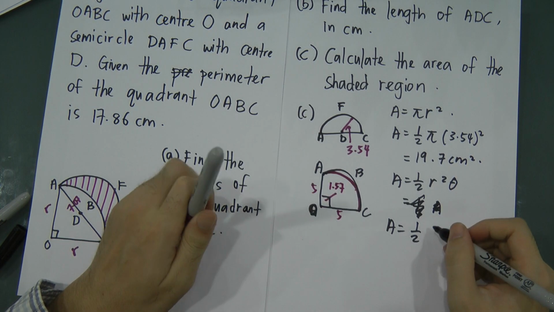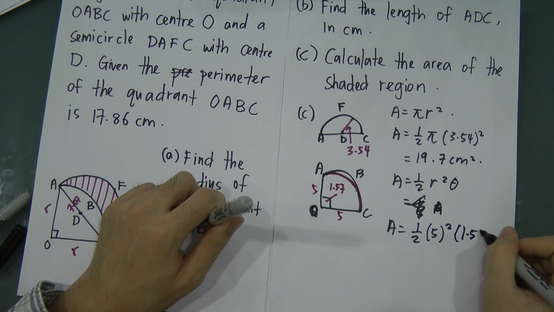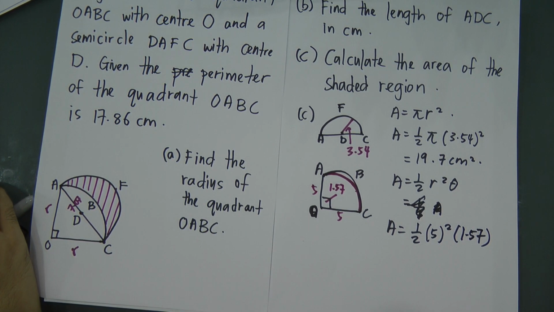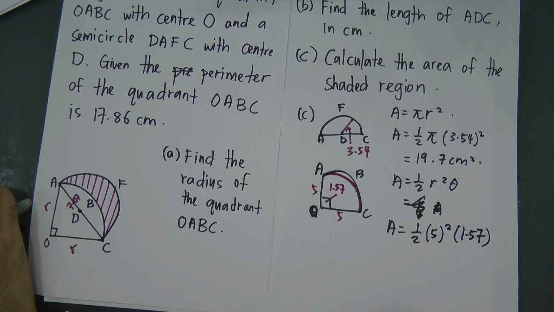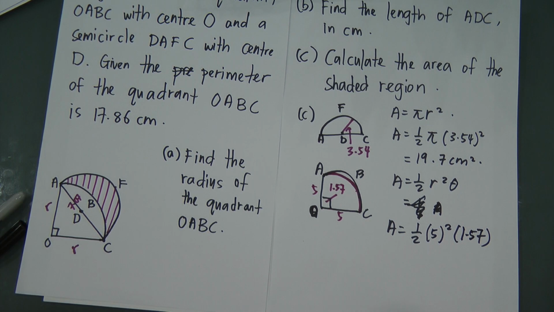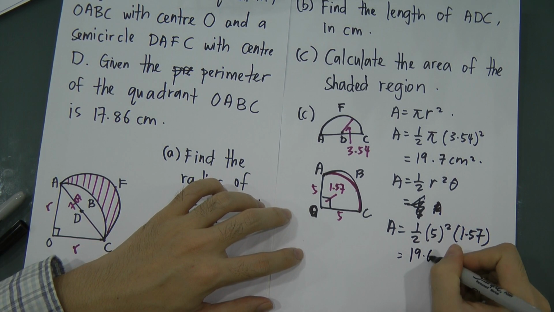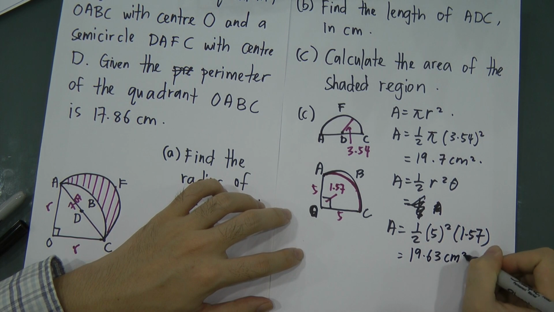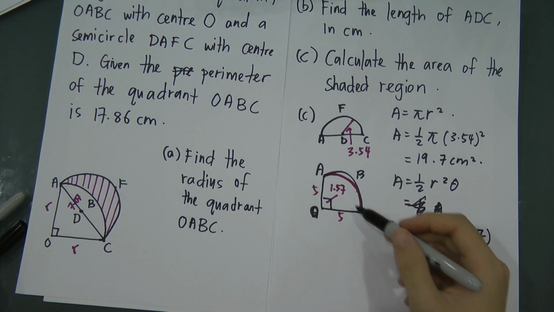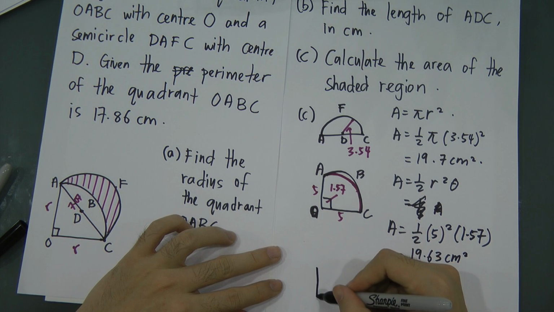Therefore, area equals 5 squared multiplied by 1.57 divided by 2. Just press the calculator. So you will get the sector area equals 19.63 cm squared. This is for the whole sector. And then we have to minus a triangle in order to get this part, right? So I find the area of the triangle.